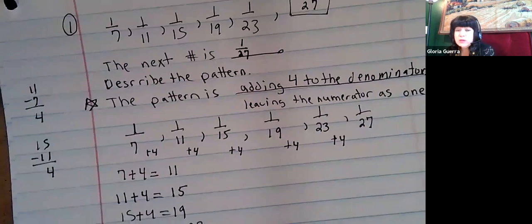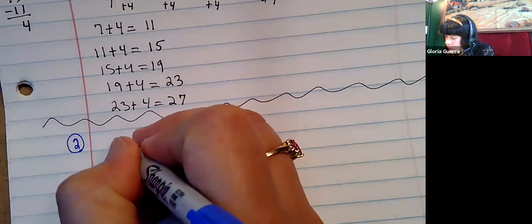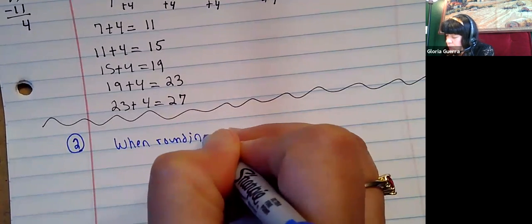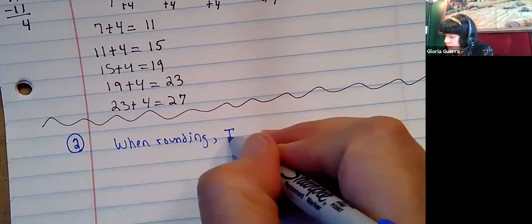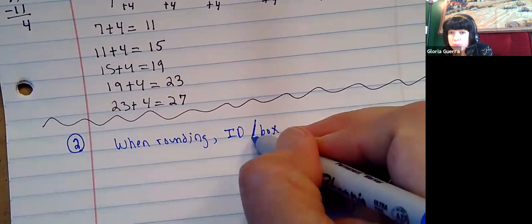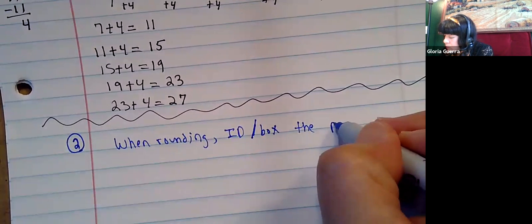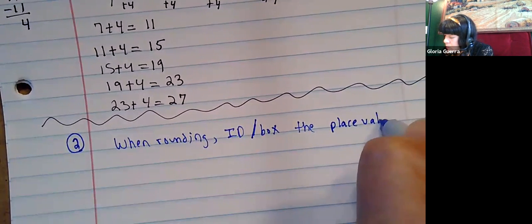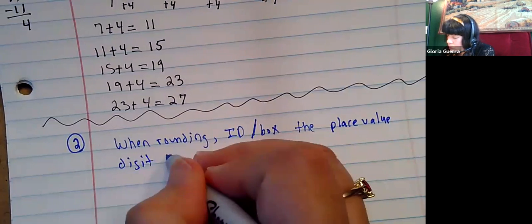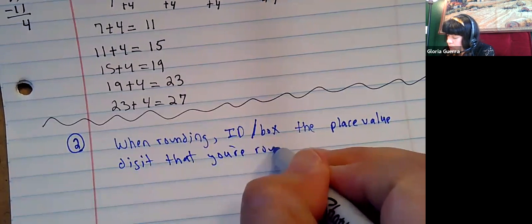So the idea is that when rounding, what you do is you ID, or box, the place value digit that you're rounding to.